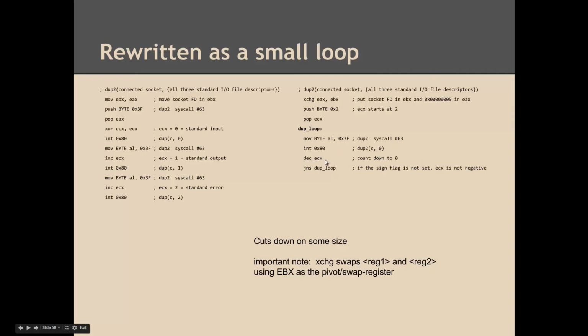And then we decrement ECX, and decrement is going to set the sign flag if it passes 0. So if ECX goes from 0 to -1, it's going to set the sign flag. And if the sign flag is not set, this tells it to do a short jump back up.